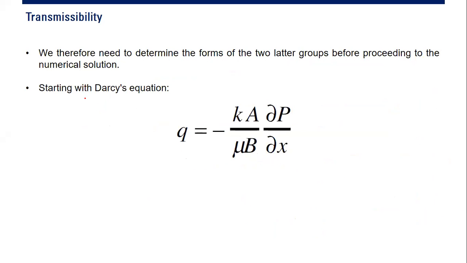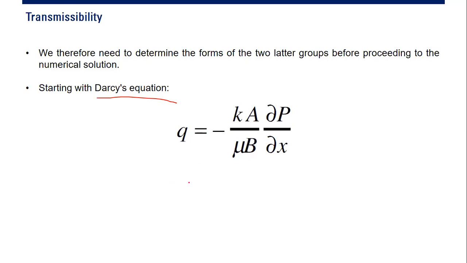Now we use the Darcy equation. Flow rate equals minus K permeability multiplied by the cross-sectional area divided by viscosity multiplied by formation volume factor, multiplied by the pressure gradient.